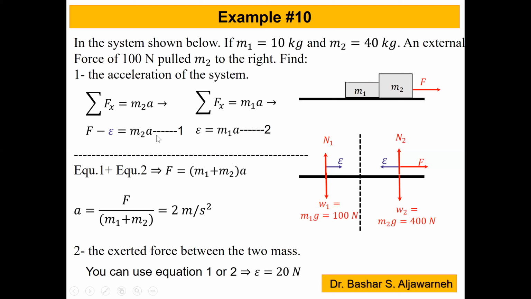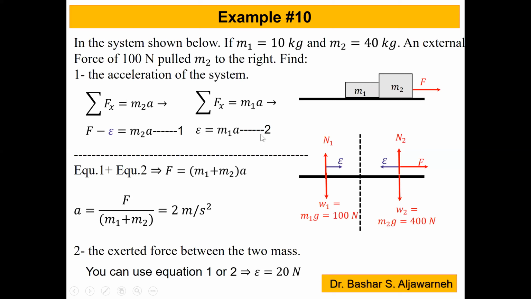Please remember, if the force has the same direction as the motion, it will be positive. If the force is in the opposite direction of the motion, it will be negative. That's why here F is positive and E is negative for the second mass, and E is positive for the first mass. Okay, I have equation number 1 and equation number 2.